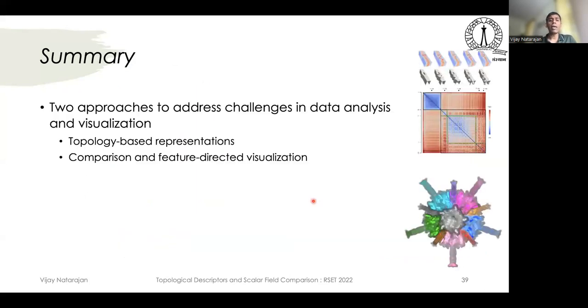So to summarize, I presented an approach towards data analysis and visualization that uses topology as a central representation of features. This approach was combined together with an approach that is based on comparison to support feature-directed visualization.